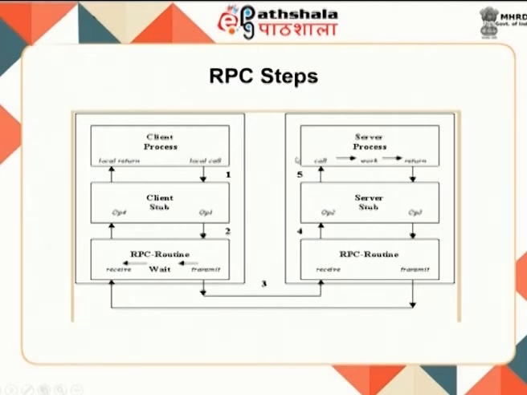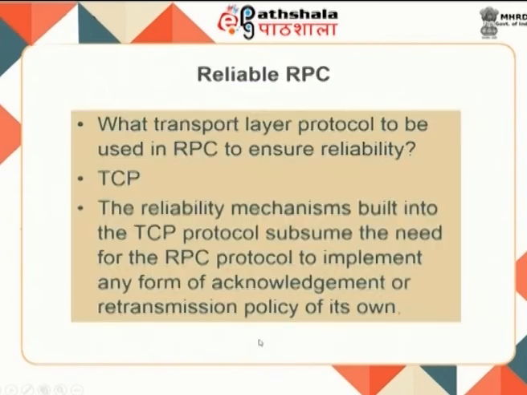It is unmarshalling and giving it to the server process. The server process sends the result, and the stub sends it to the OS. The OS then sends it to the client OS. Client OS delivers it to the client stub, and the client stub delivers it to the client process. Typically, RPC will be made reliable by the use of the TCP protocol as its transport protocol.